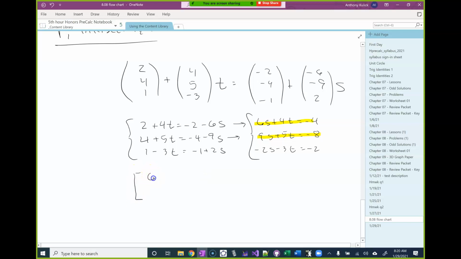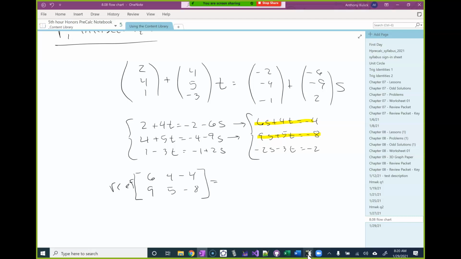So I'm going to solve this system using a matrix. You can solve it by hand if you want to. That's not a big deal. But I like using the matrix because I can just type it into my calculator. So that's the matrix that I'm going to type in.